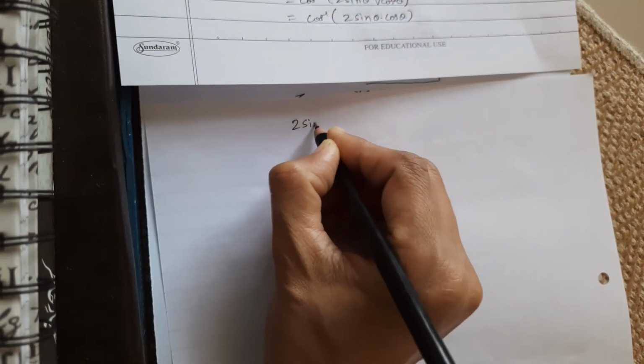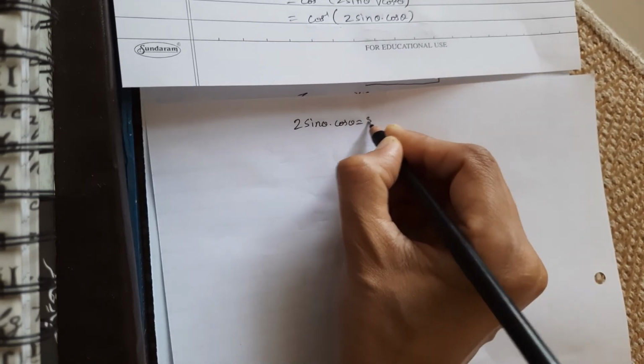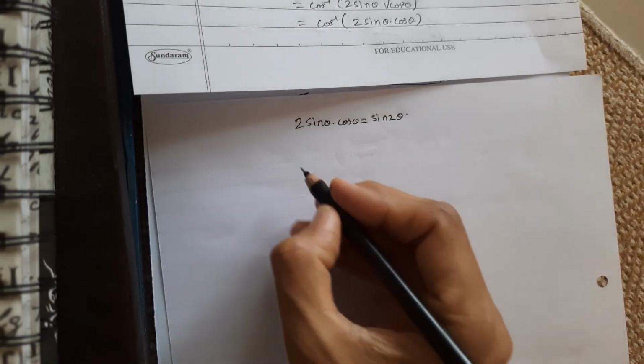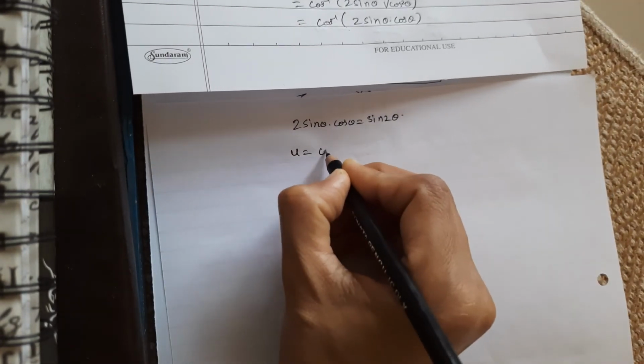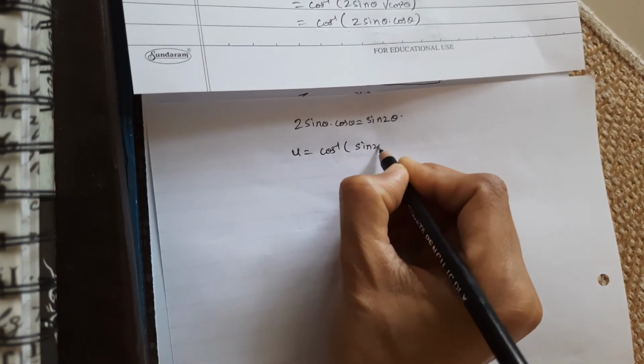And this 2 sine theta into cos theta is nothing but sine 2 theta. So I am just replacing it. So u I get as cos inverse of sine 2 theta.